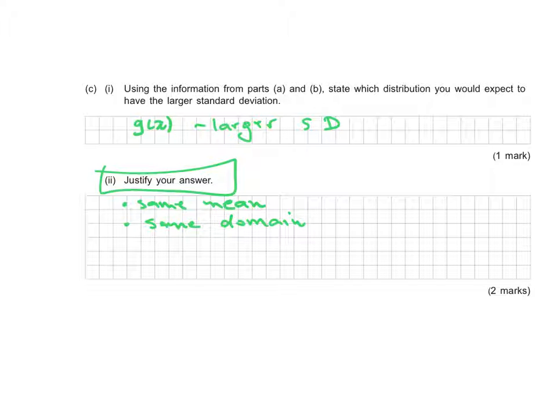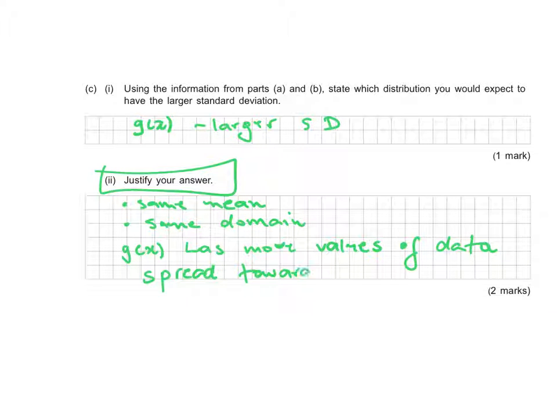But when you look at both graphs, we can see that g of x has more values of data spread towards the sides of the distribution.